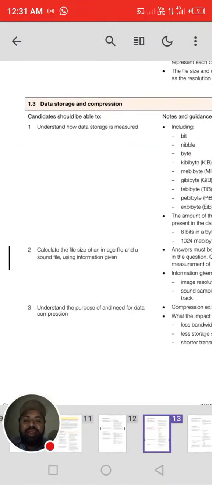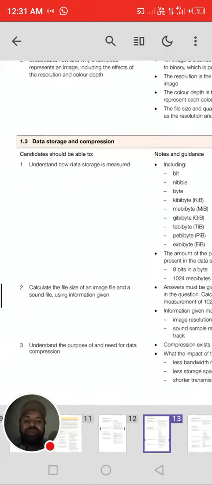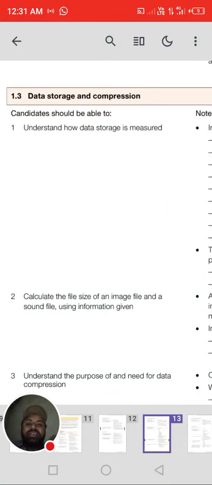Then comes data storage and compression. Understand how data storage is measured.